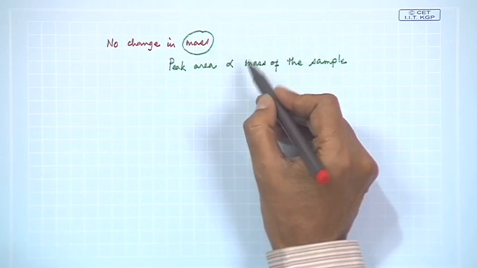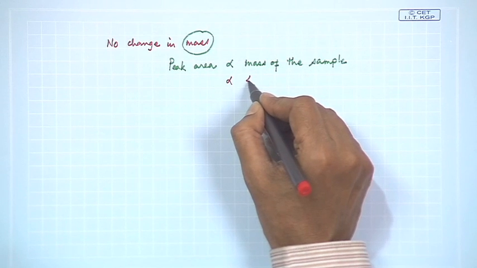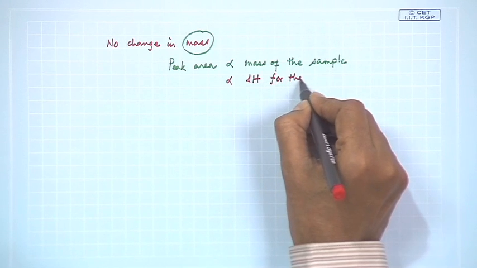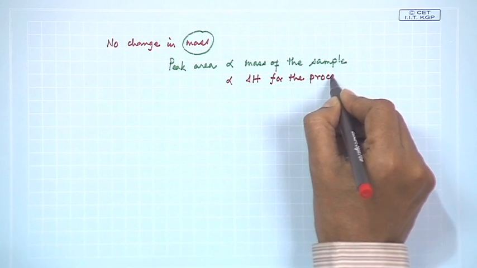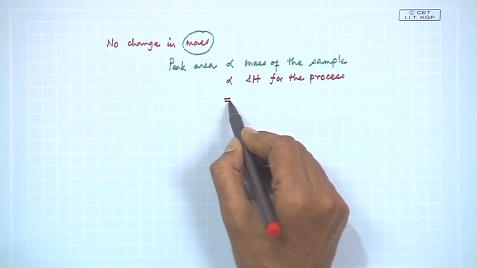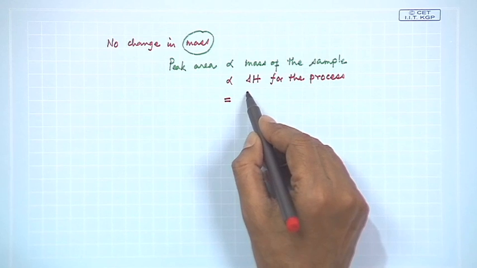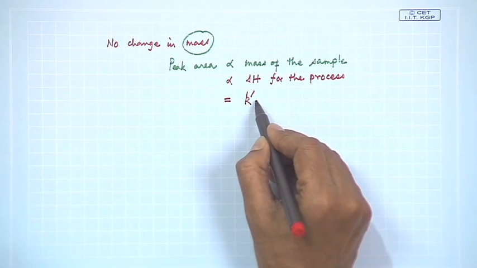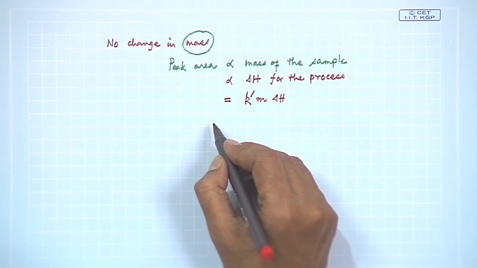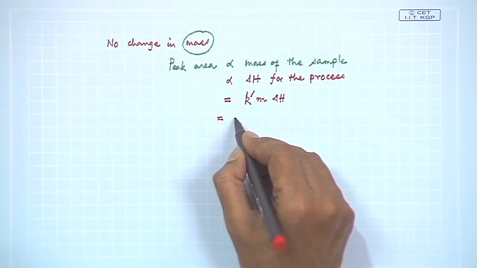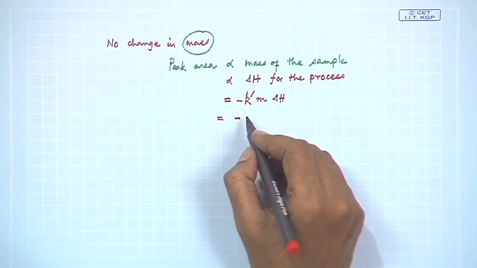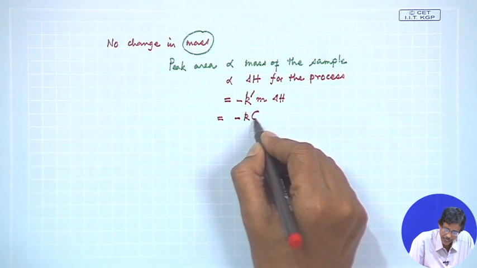then it will be proportional to the most important quantity that we are looking for, the delta H for the process that we are trying to identify. If we bring the proportionality constant as small k prime, it will be mass and delta H. So, this will be the very simple relationship, or it can simply be minus K G m delta H, minus if it is an endothermic process.